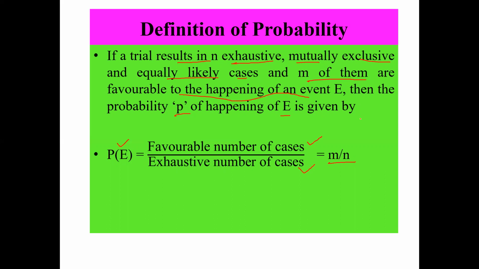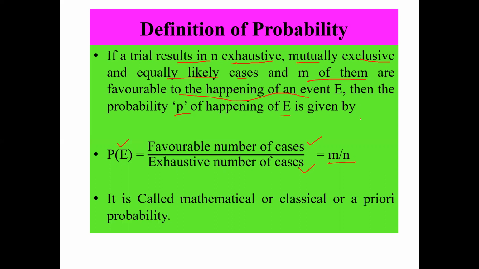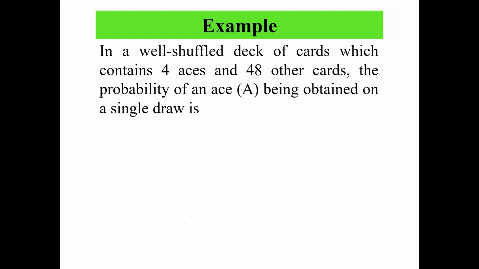Probability has different nomenclature. When we read books, we can find this terminology: it is called mathematical probability, classical probability, or a priori probability. One example will give clarity.